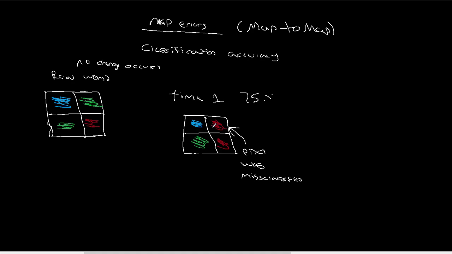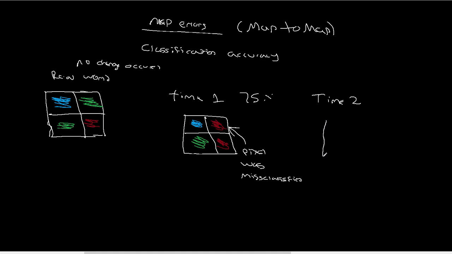Okay, so just to make sure everyone understands, this would be a classification error. This would be a map error. This would be one of those pixels that would go in the not correct class. So then let's compare that at time 2.